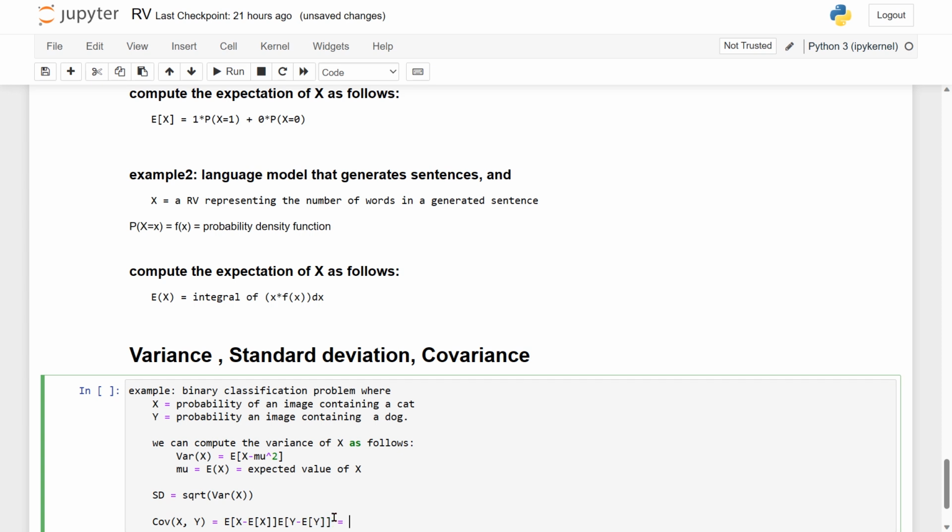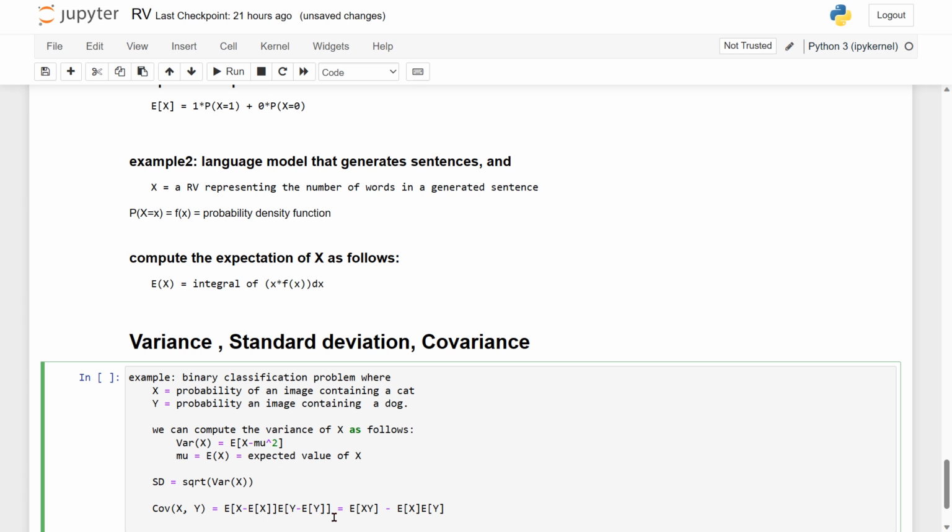So you can convert this into E of xy minus E of x multiplied by E of y, where E of x and E of y are the expected values of x and y respectively.